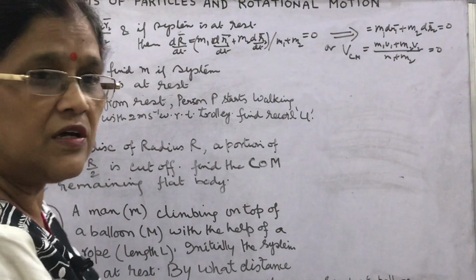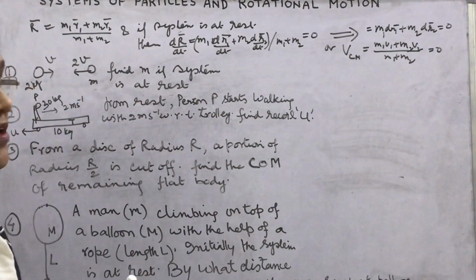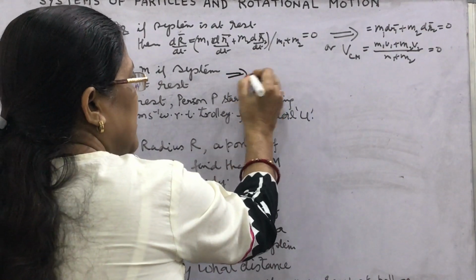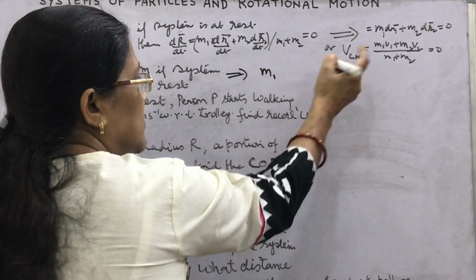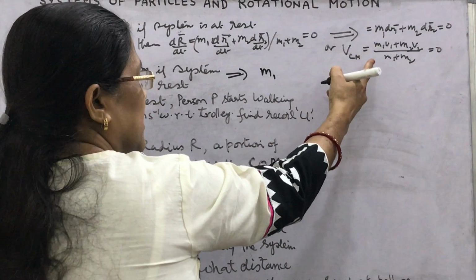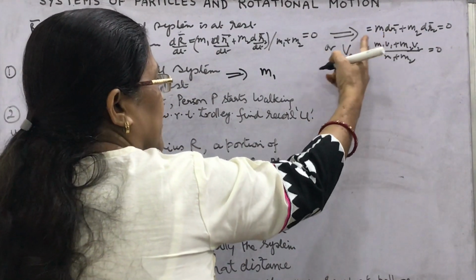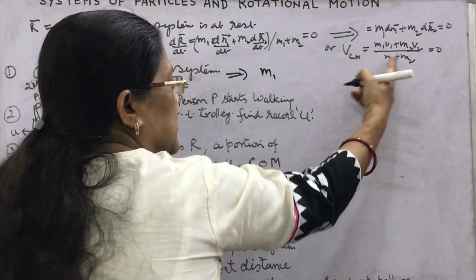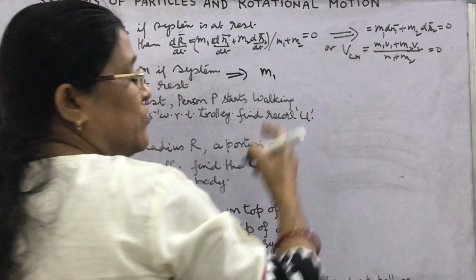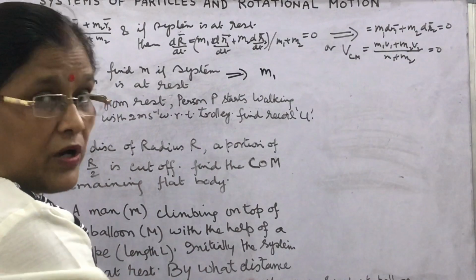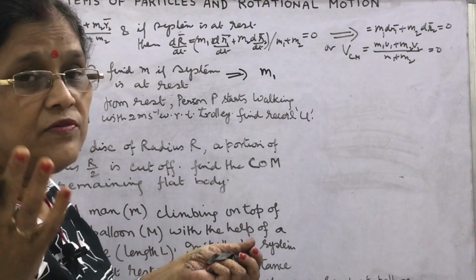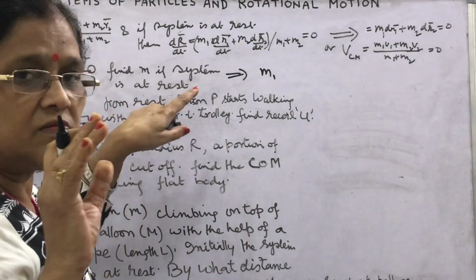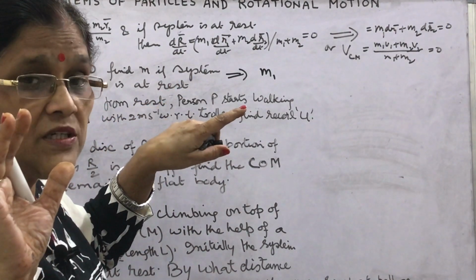Apply it here: m1 into dr1. If you write dr1 in terms of velocity, then VCM will be 0, so m1 v1 + m2 v2 will be 0. You can also say that if no external force acts and the system is at rest, then total momentum remains conserved.